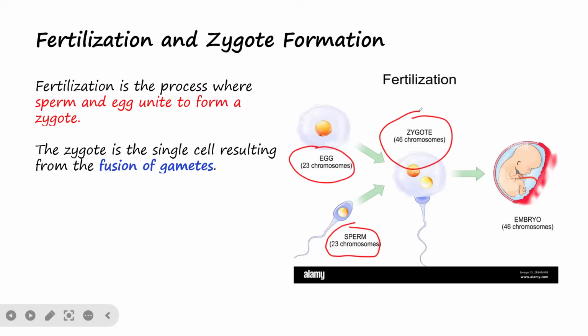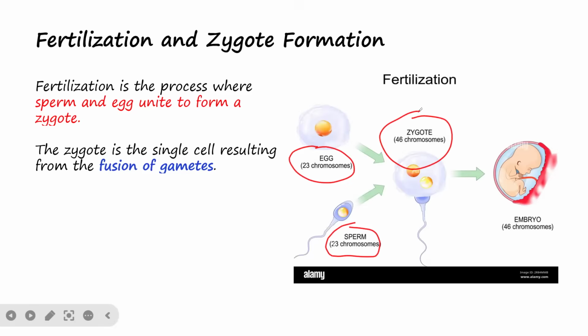And with further development, the zygote will further develop into an embryo. And of course, the embryo maintains 46 chromosomes. So from the point of fertilization to the embryo and up to the stage of giving birth is what we call embryology. The egg cell and the sperm cell each contribute 23 chromosomes.